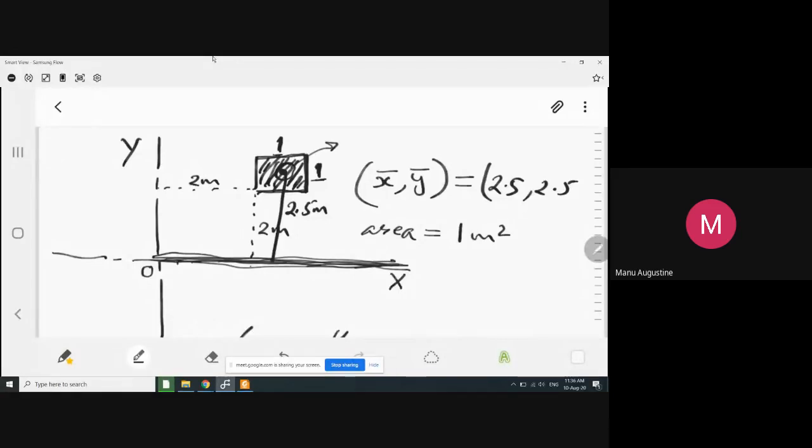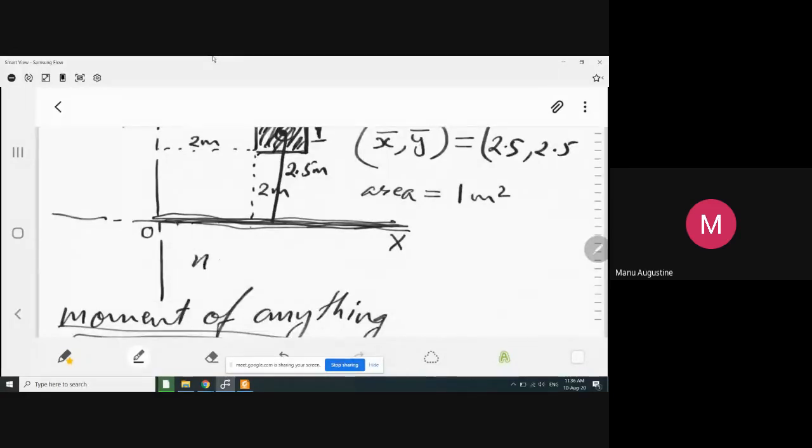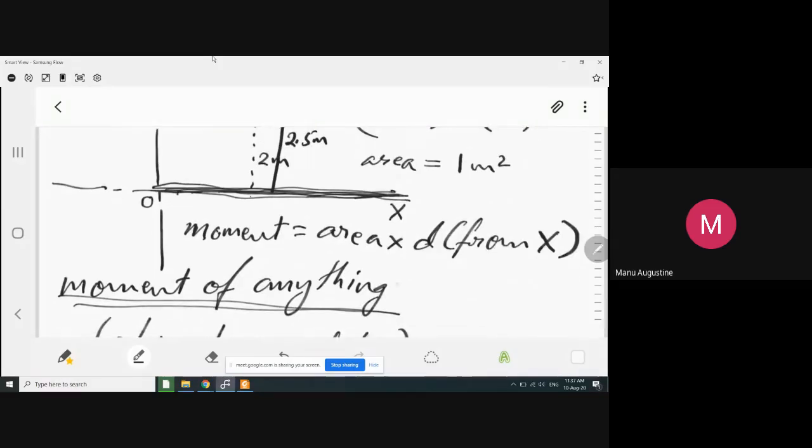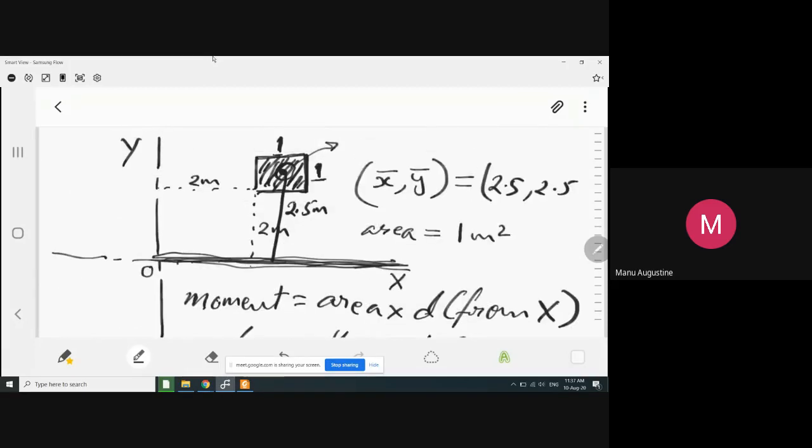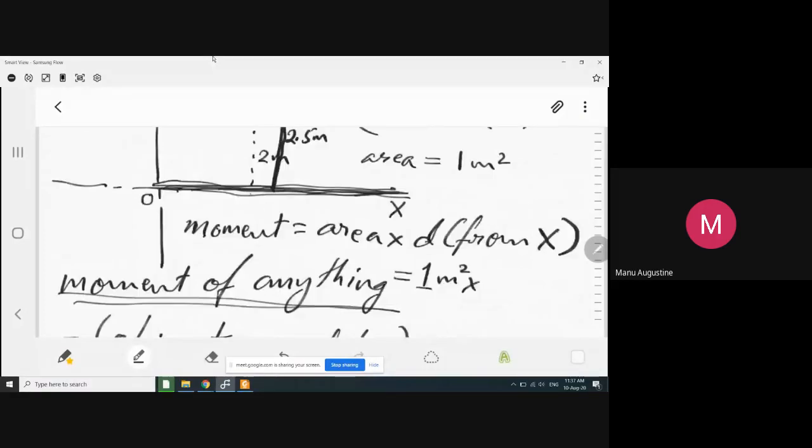So the moment of this area is equal to area multiplied by distance from y, sorry, from x. So that is equal to area is 1 meter square multiplied by distance from x is 2.5 meters.